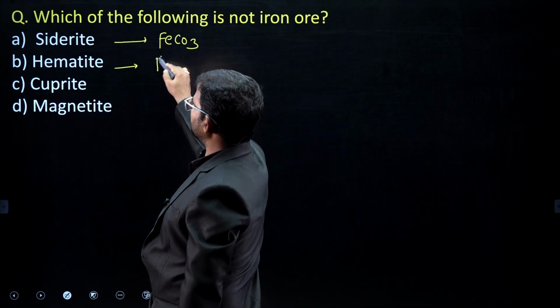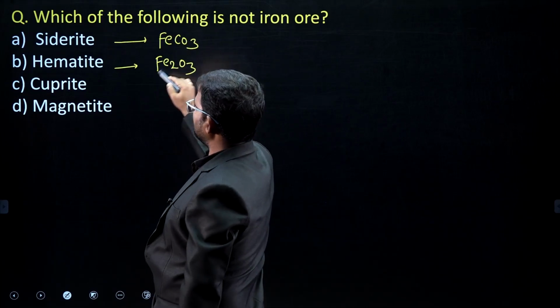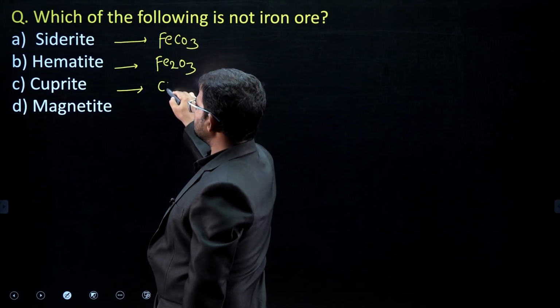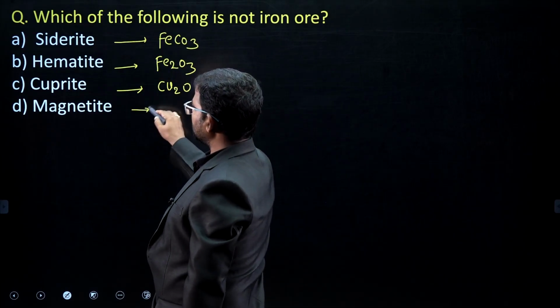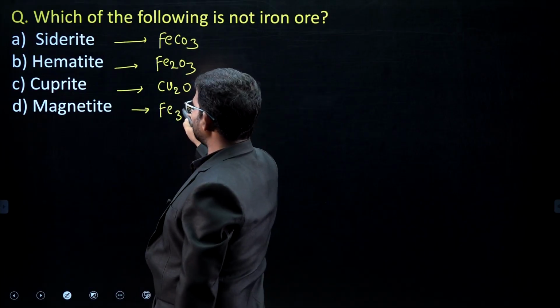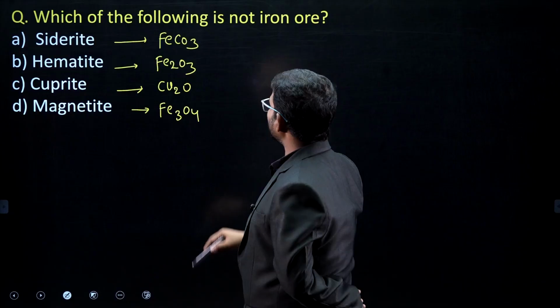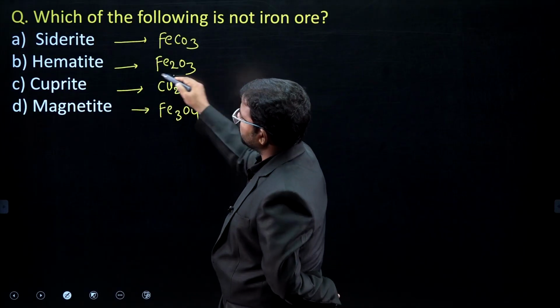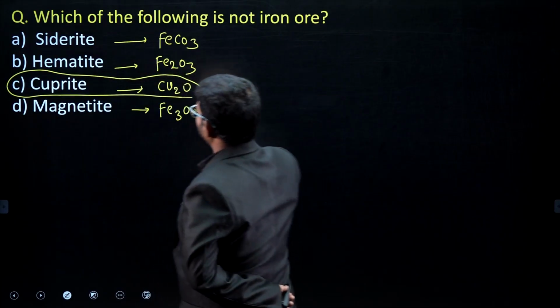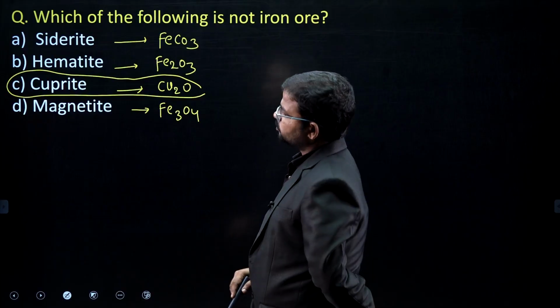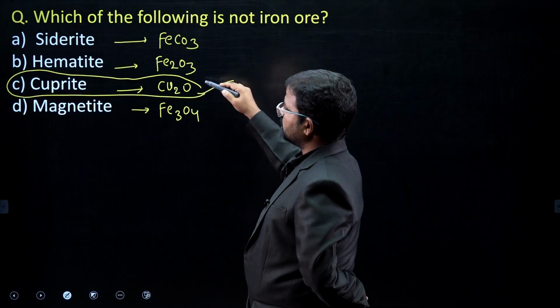Hematite means Fe2O3. Cuprite means Cu2O. Magnetite means Fe3O4. Since they ask for the one that is not an iron ore, we should consider option C only. C is the correct one.